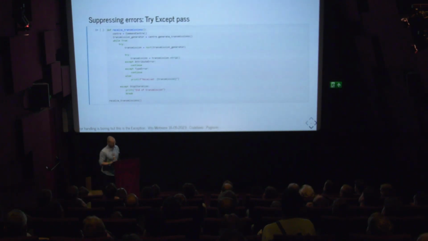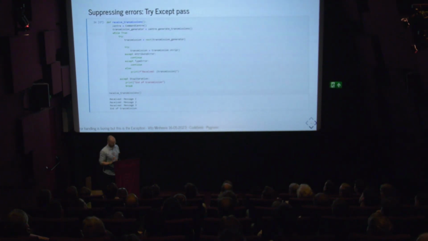So what we could do is we can do this whole loop and then try, and it also has another nested try because then you will try to get the next transmission, which could raise a stop iteration error. And then in that we will try to strip the transmission, but that could give an attribute error, but we don't care, so continue. It could also give a type error due to the integer, but we don't care about that one. We just want the messages we receive.